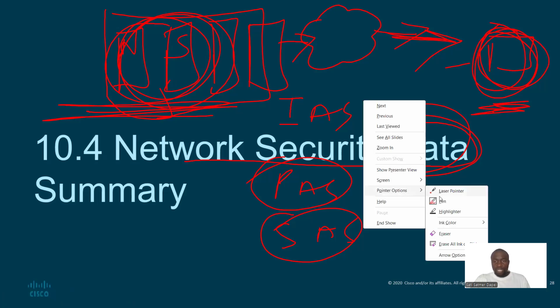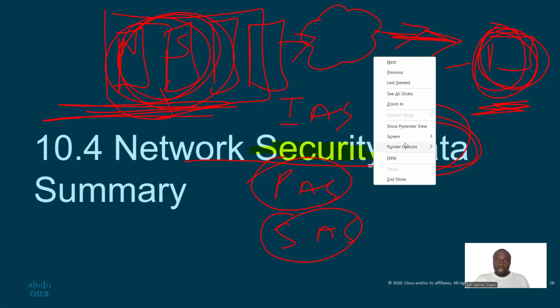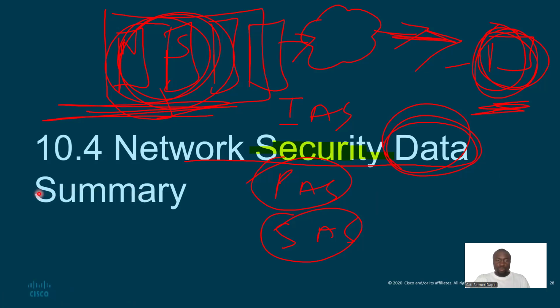I don't know whether you can see that. Then you select the laser or the highlighter or whatever. So if I pick the highlighter, I can come and highlight something like this. If I pick the laser, you see it's just pointing the laser and things like that. So it's just with the application.